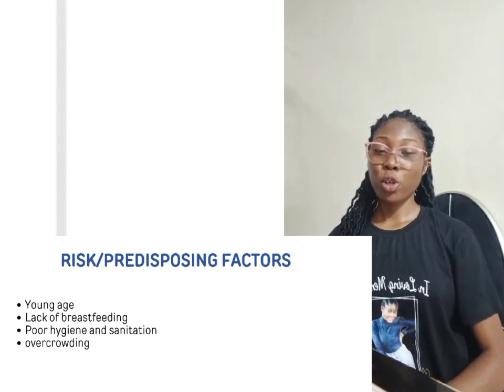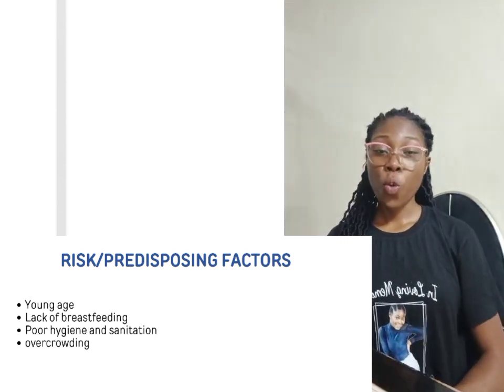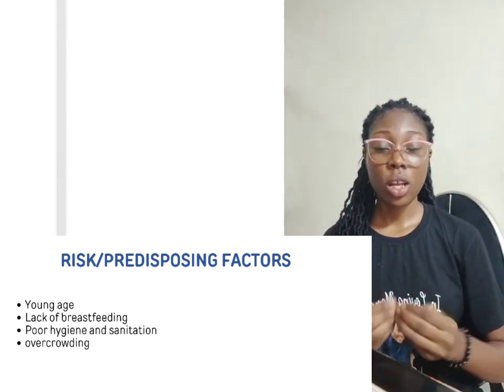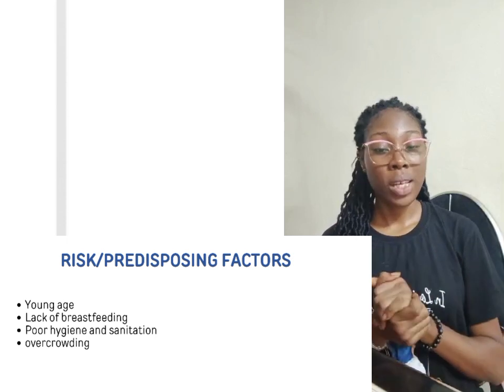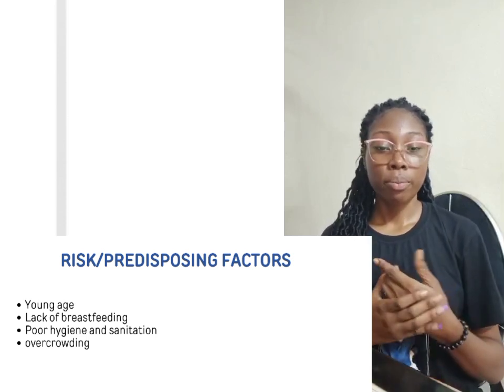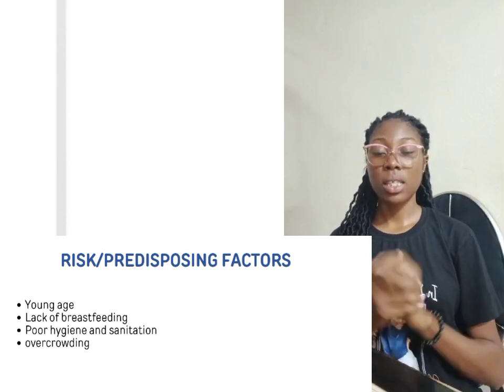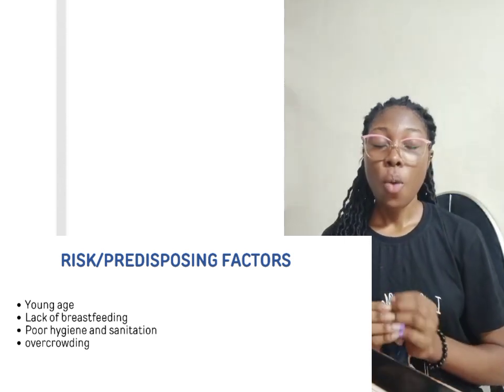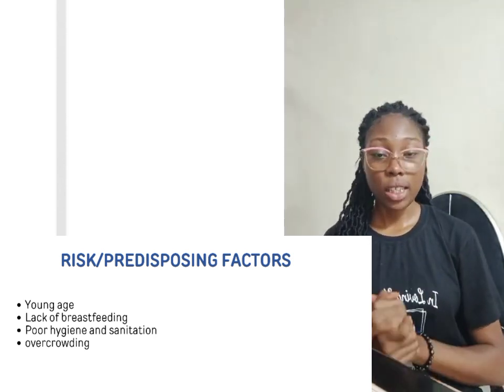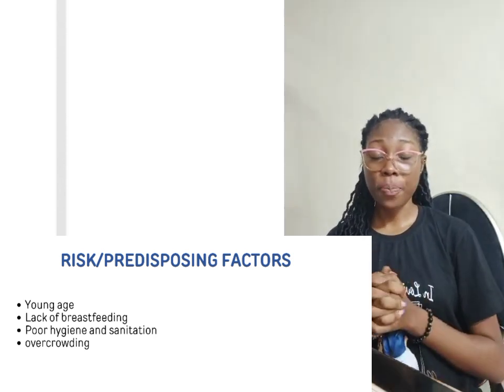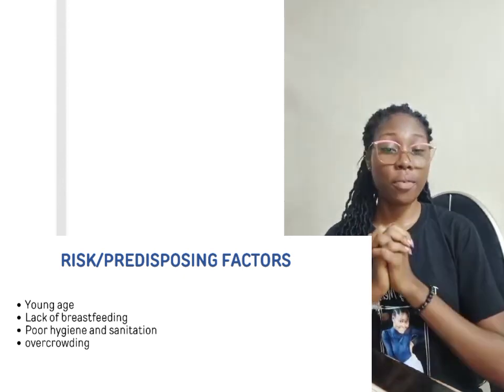Moving to the risk factors of this disease. As we all know, most of the risk factors that could be a predisposing agent to this disease is bad hygiene. Poor hygiene and sanitation can cause us to have diarrhea. Bad water can also cause us to have diarrhea.